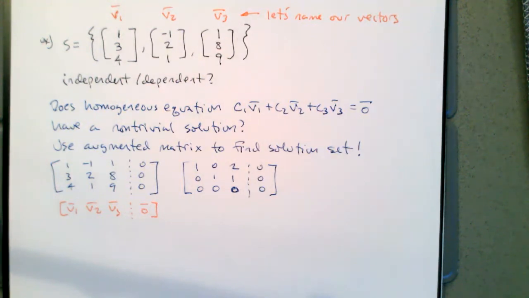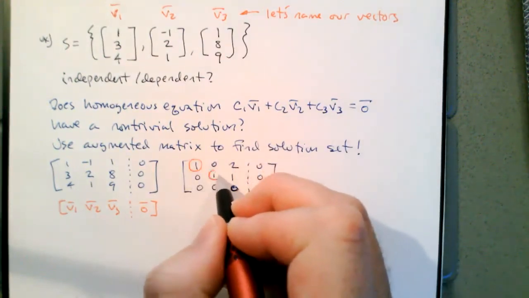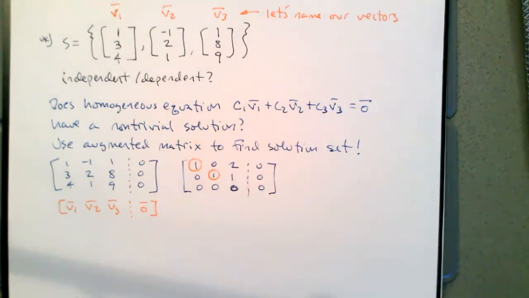So in this case, we can see that in the augmented matrix for this equation, we had a pivot in the first row, first column, a pivot in the second row, second column, but no pivot in the third column.